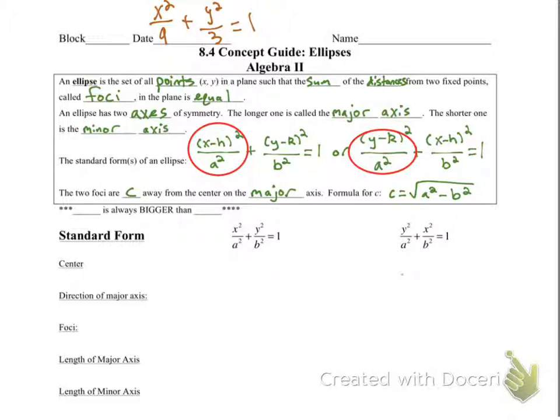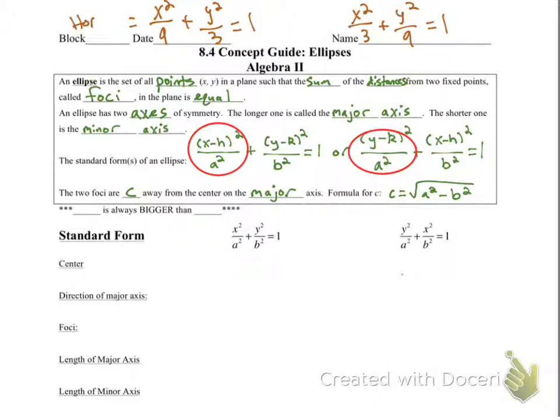X-axis, horizontal, okay? If, right next to it up here on top right, I had x squared over 3 plus y squared over 9 equals 1, that would be a vertical ellipse.